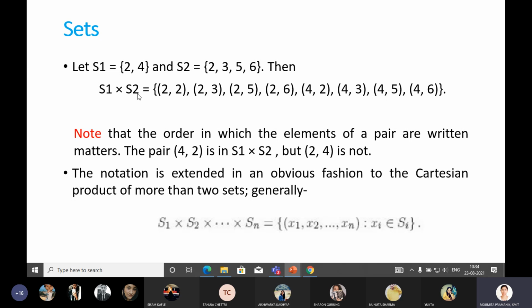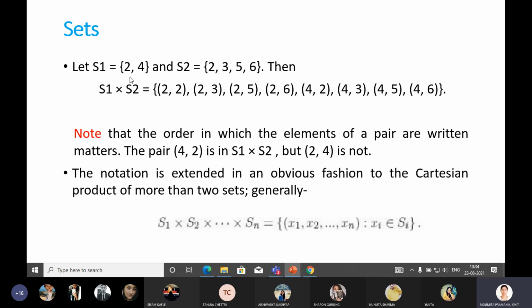We multiply set 1 with set 2: the first element of set 1 with all the elements of set 2, then the second element of set 1 with all the elements of set 2.